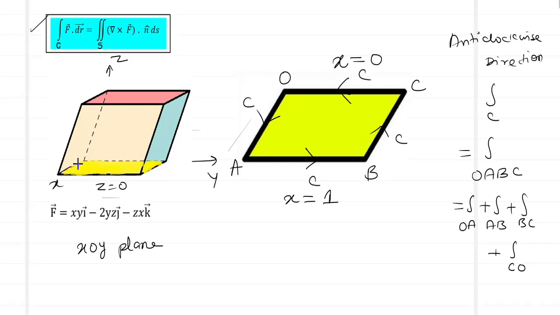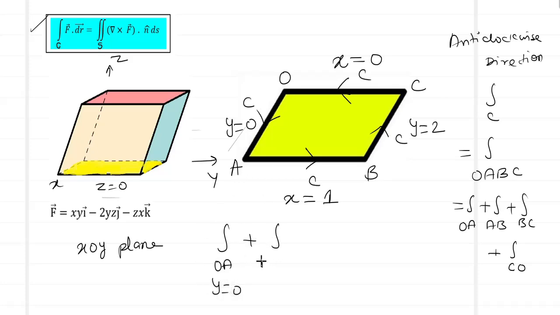So now about this X, O, Z plane. What is the equation of X, O, Z plane? This will be referred as Y equal to 0. How many units I move in the y direction? I move 2 units in the y direction. So this will be the line y equal to 2. So I am going to integrate along OA, which is called as y equal to 0.